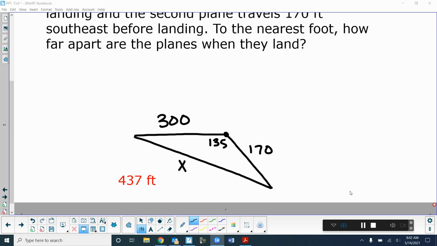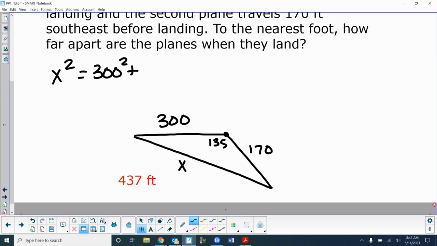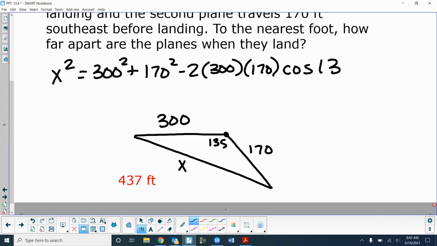So I'm going to go x squared equals 300 squared plus 170 squared minus 2 times 300 times 170 times the cosine of 135. So we'll just put that in our calculator.